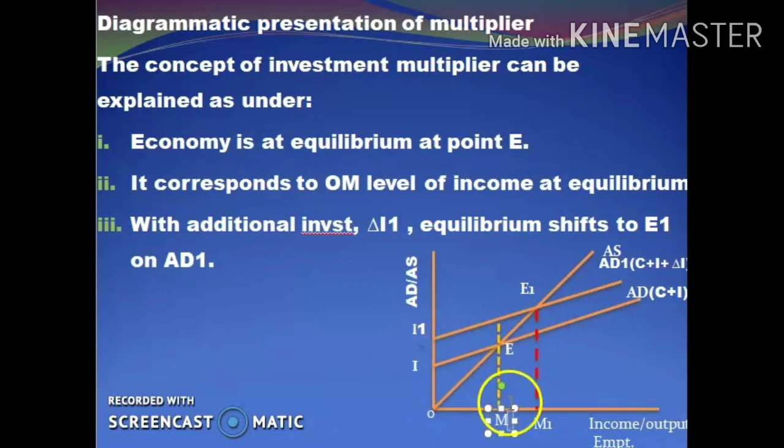Income has the double change. So you have to draw like this: the investment shift should be lesser, but the income shift should be more. It shows a wide increase as investment changes. It multiplies. Okay, thank you.